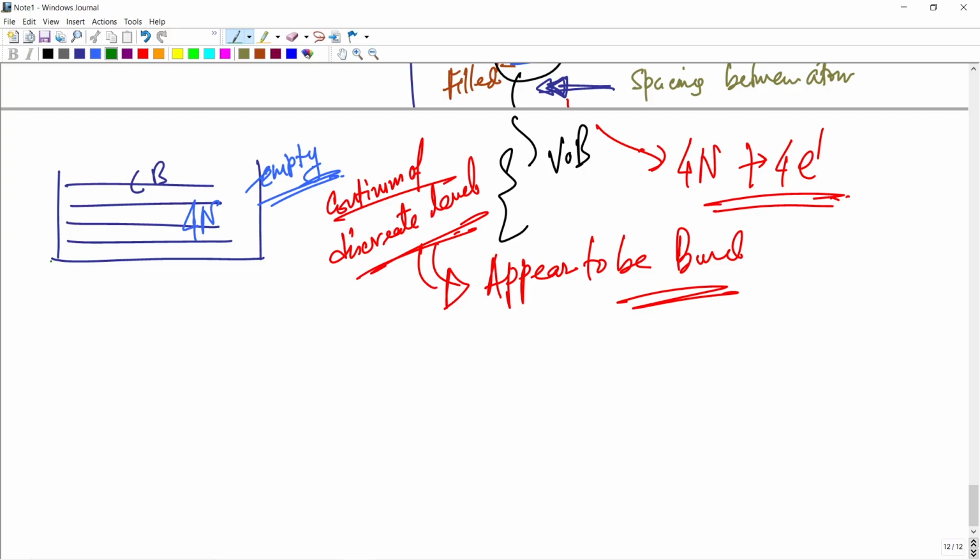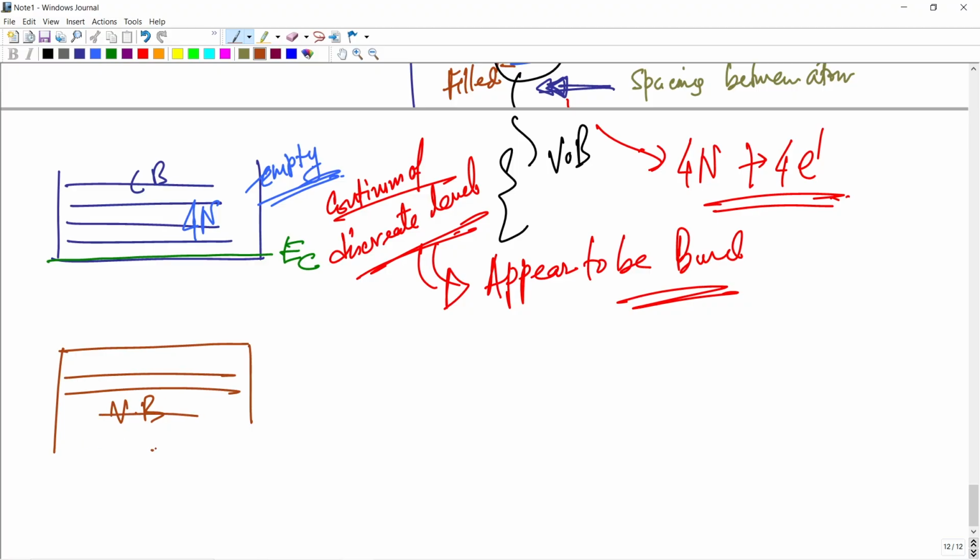This part is the lowest part of the conduction band, which I call EC, and here is the VB, the valence band, with 4n states filled by 4 electrons. This gap is called EG, the energy gap.